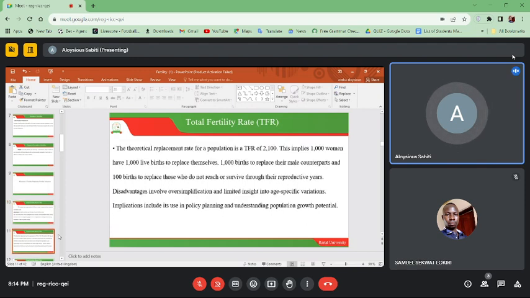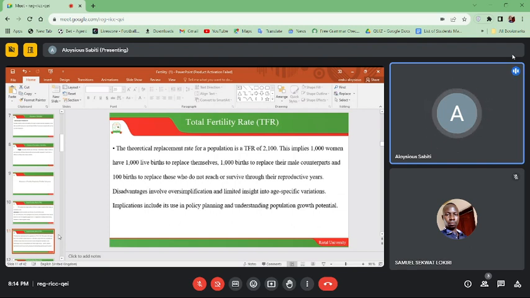So the theoretical replacement rate for a population is a total fertility rate of 2,100. This implies that 1,000 women have 1,000 live births to replace themselves, 1,000 births to replace their male counterparts, and 100 births to replace those who do not reach or survive through their reproductive years.